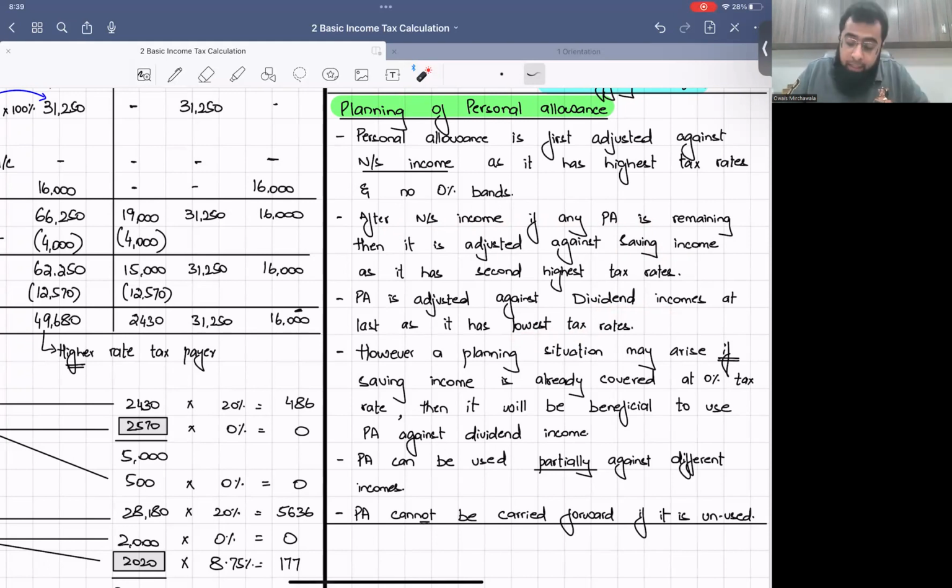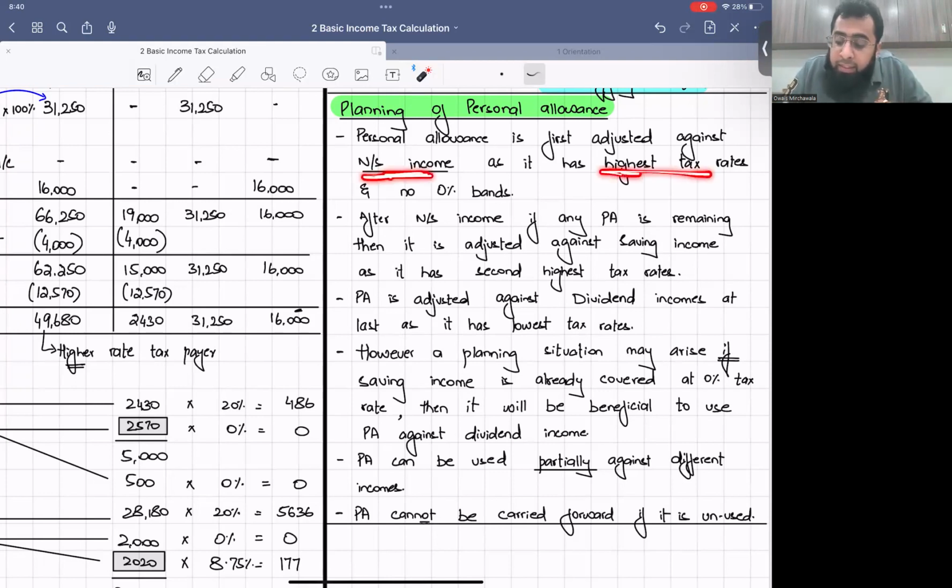See, I'll repeat it again. First, we offset non-saving. Always look at these questions. We always hit non-saving first, because non-saving income has the highest tax rate. Think logically. We will always offset the income which has the highest tax rates, so that we can save maximum.